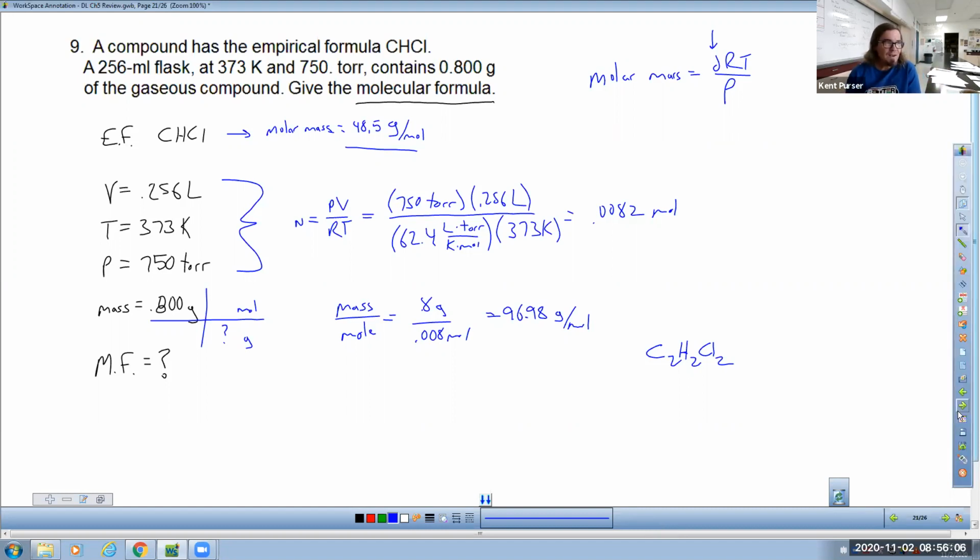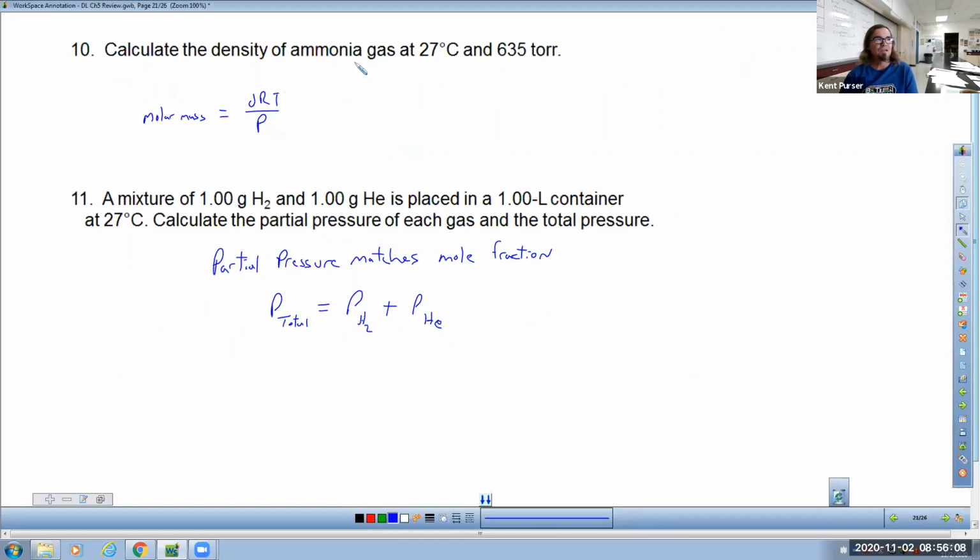Man, we are running out of time. Calculate the density of ammonia. You're going to use this formula. The molar mass of ammonia is 17. Oh, they should tell us that. On an AP test or a chapter test, they would tell us the chemical formula of ammonia. Once we know it's NH3, 17.0 equals d times the gas constant.